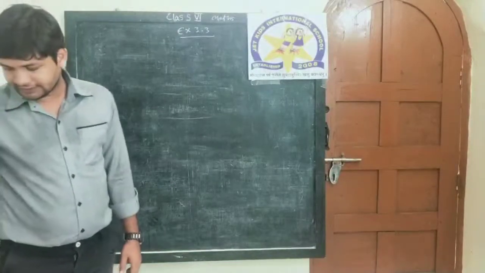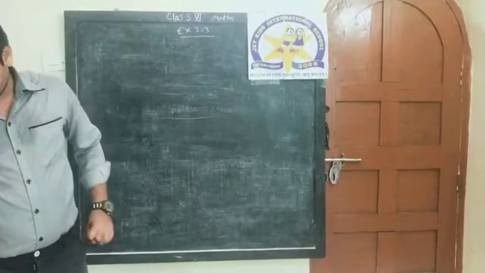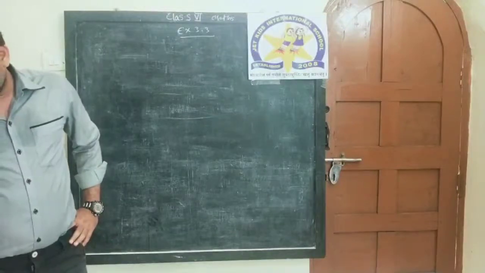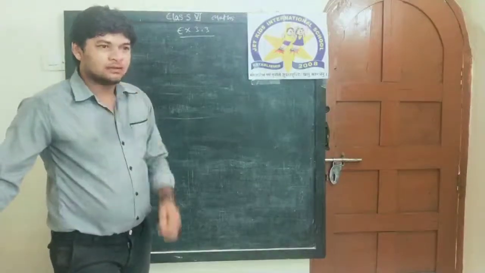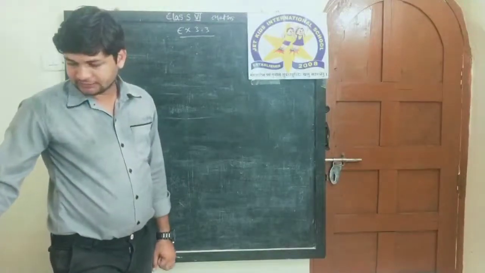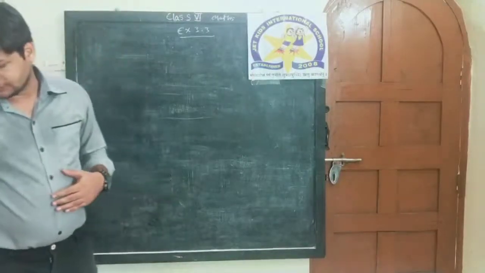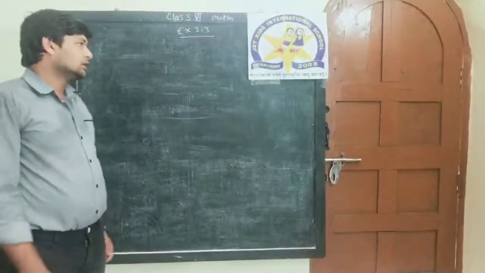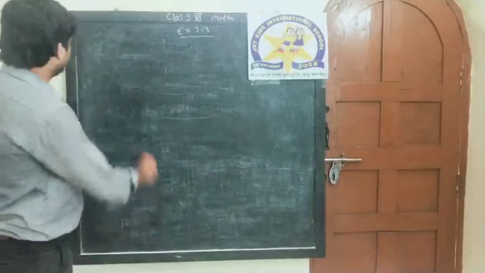Next, that is question number 3. Using divisibility test, determine which of the following numbers are divisible by 6. Right? So now we are going to discuss how to check the divisibility test of 6. I'm just thinking how to do it in the easiest way.